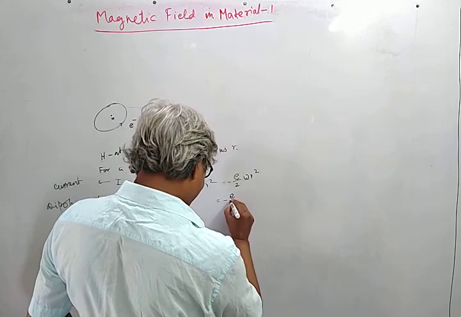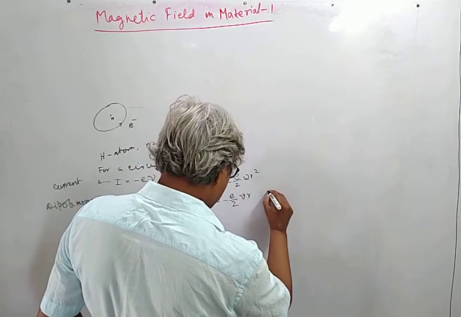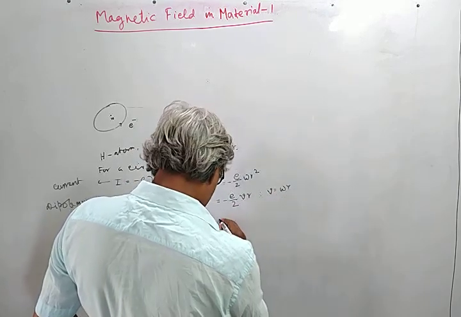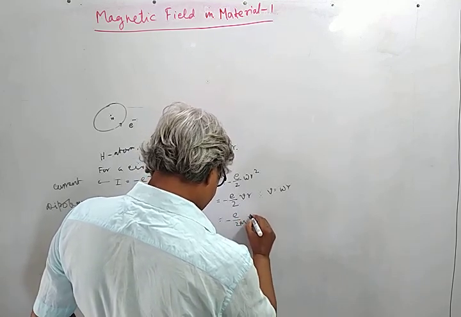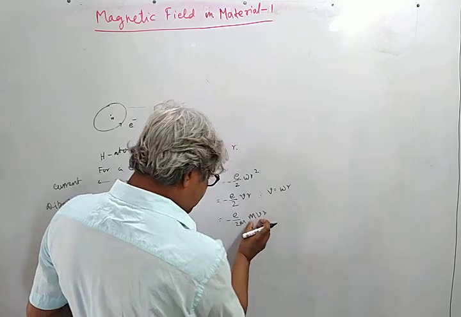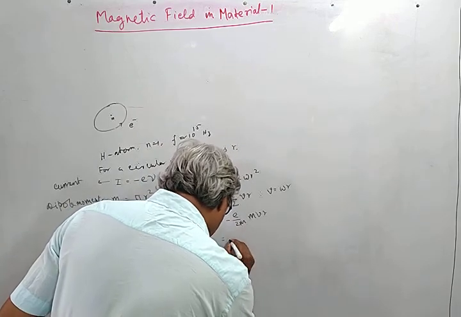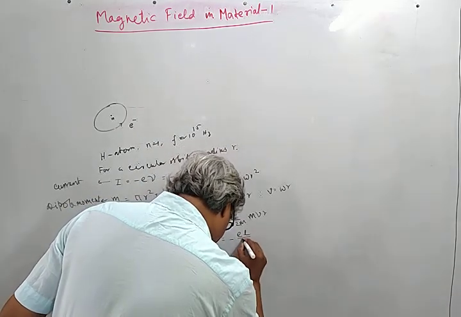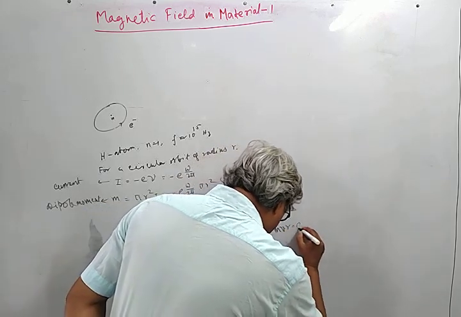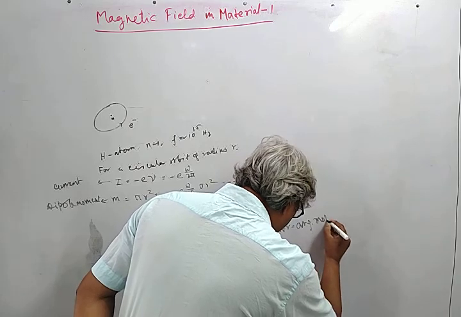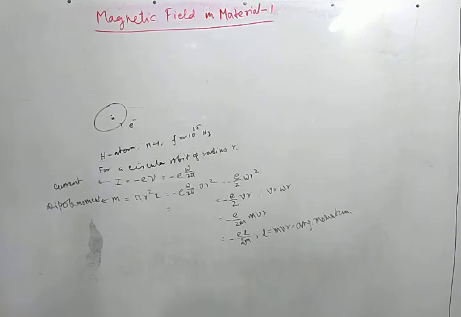So this is m v, the linear momentum, times r is the angular momentum, so we write it as minus eL by 2m, where L is equal to mvr, the angular momentum of the electron in the circular orbit.